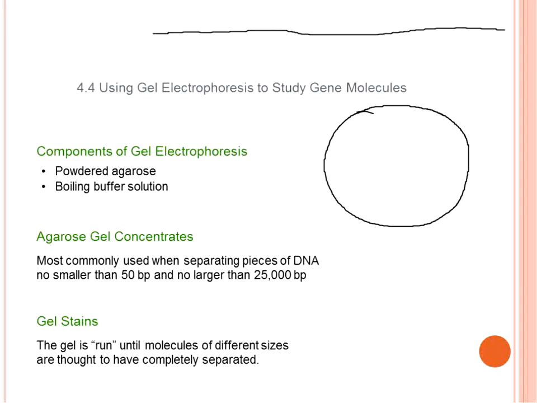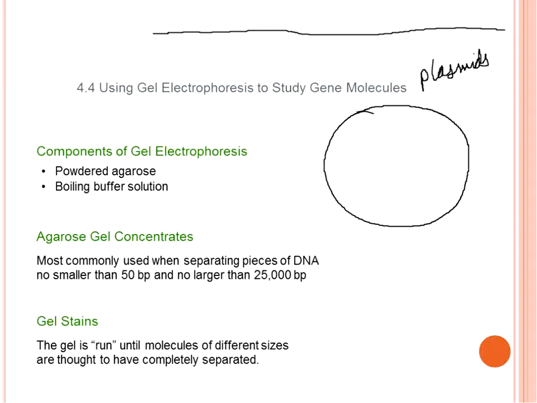These are called plasmids, small circular pieces of DNA. Okay, and we often find plasmids a lot in bacteria.